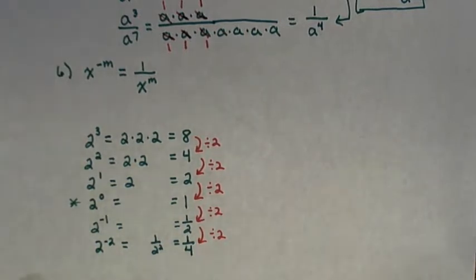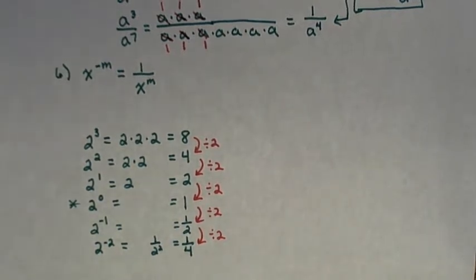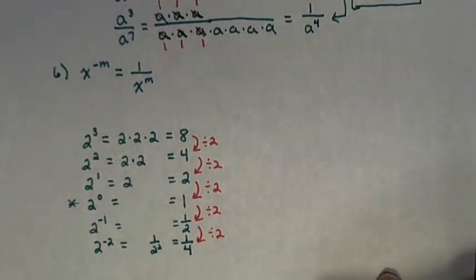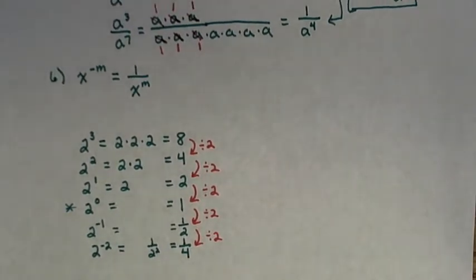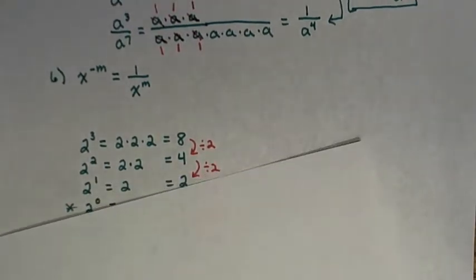All right, so now let's take a look at some examples of working with a negative exponent and some of the different situations that you might run into that you want to be careful in evaluating.